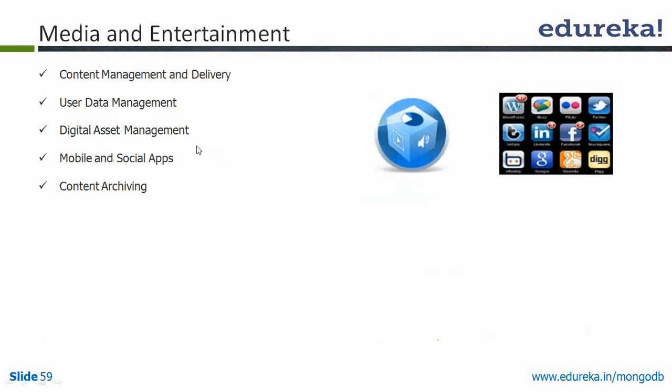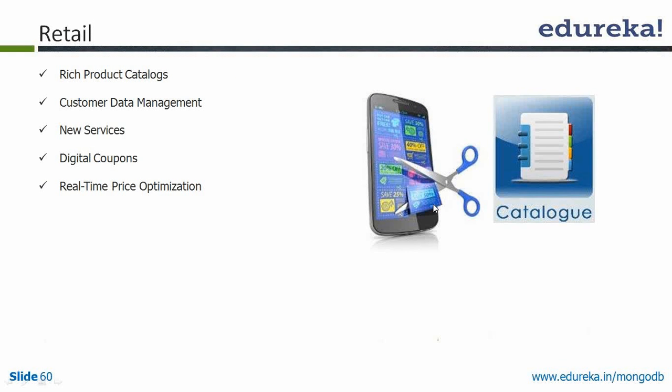And in media and entertainment, it is used for content management and delivery, user data management, digital asset management, mobile and social apps. So again, this is a very important product for media and entertainment. In retail also, you can use it to provide digital coupons, real-time price optimization, and a rich product catalog. So these are some use cases.